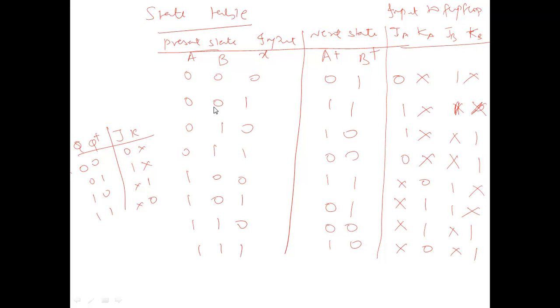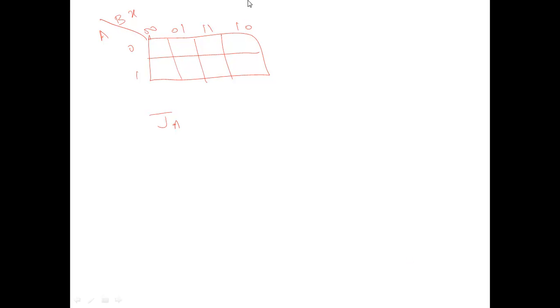So what is JA? You can see here, with this condition only you have to write 0, 0, 0 is 0, 0, 0, 1 is 1, 0, 1, 0 is 1, 0, 1, 1 is 0 and the rest all is X. So you have the order 0, 1, 1, 0, X, X, X, X. So you can directly write it here.